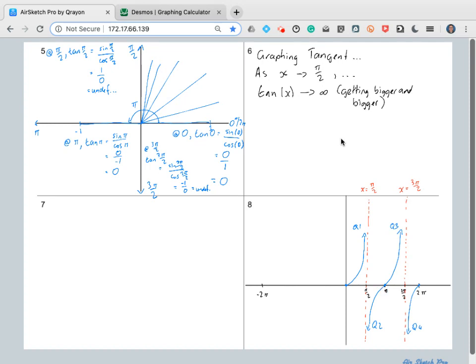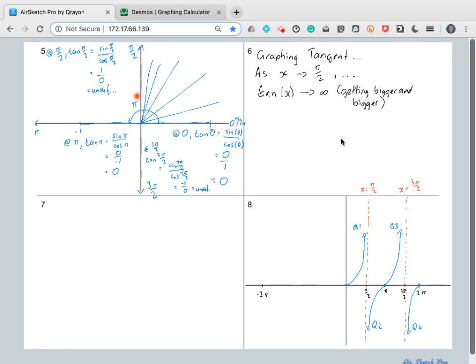Okay, so if I went backwards, without belaboring the point too much, if I went down to negative 2 pi, I'd have a similar sort of thing happening, in that if I went backwards, I would have negative pi on 2 here, negative 3 pi on 2 here. But with the same sort of thing, that at negative pi on 2, it would be undefined, and at negative 3 pi on 2, it would be undefined.